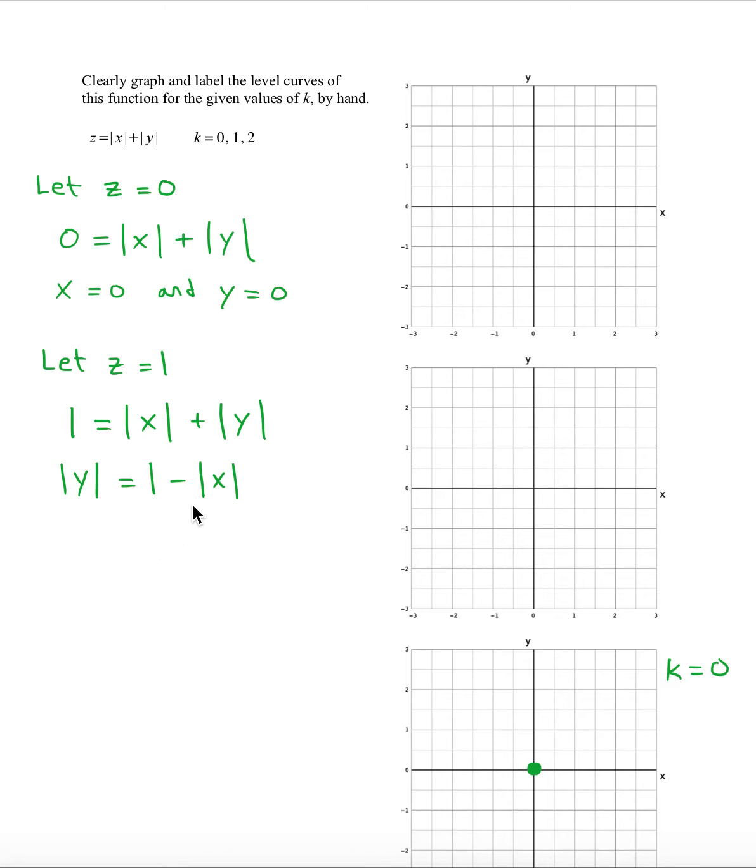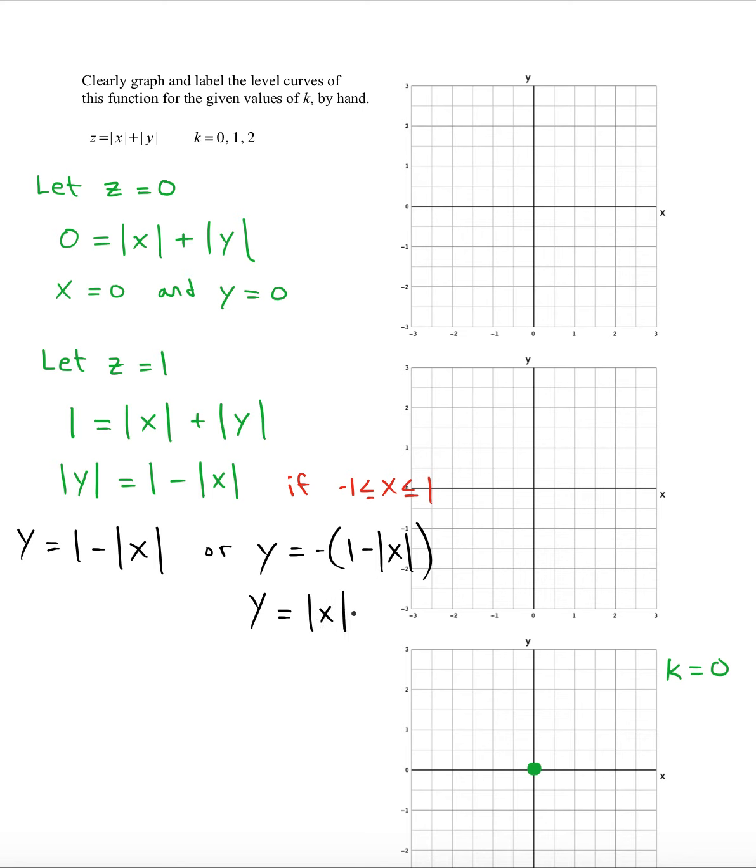Notice here, though, that this equation would only hold true if x is between -1 and 1. Y equals 1 minus x, or y equals -1 minus x, which simplifies to x minus 1.